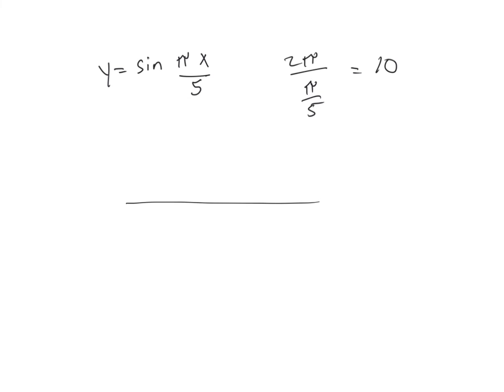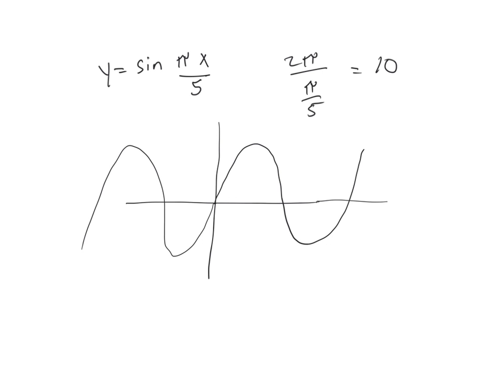A little reminder of what the original sine should look like. It should kind of look like this, right, in some ways. But now, since our period is 10, our units are going to be different.